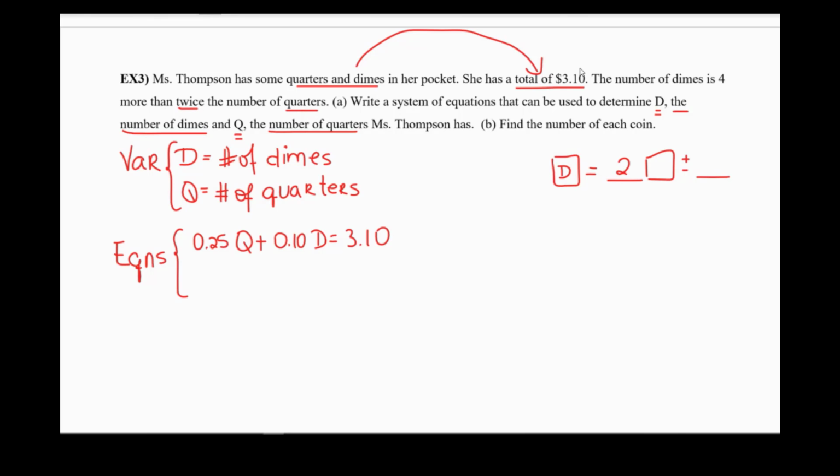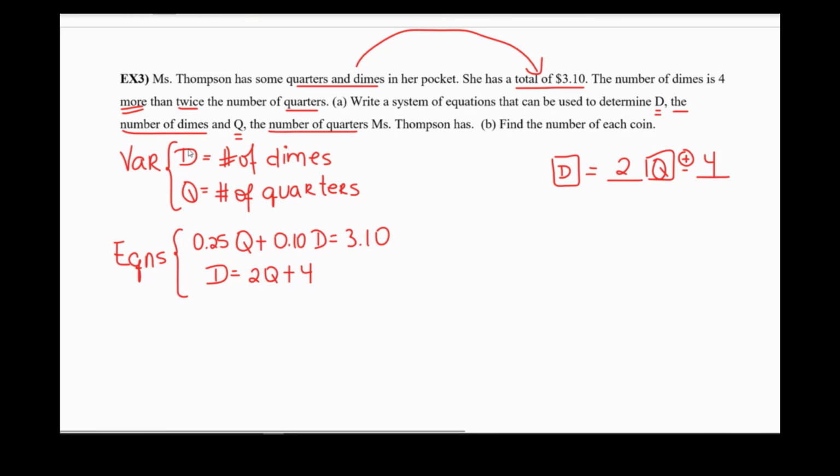We have the second variable, and we have the keyword more, so that means it will be plus, and it will be 4. So basically, our equation is going to be number of dimes, 2 times the quarters, plus 4.